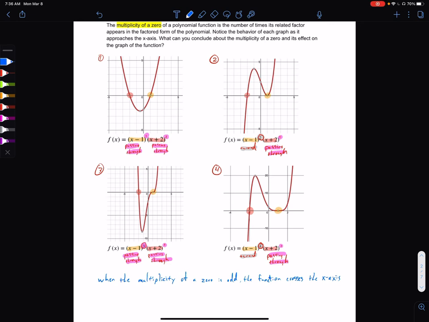All right, and that's our pink ones. We had those odd ones. So when the multiplicity of a zero is odd, the function crosses the x-axis.